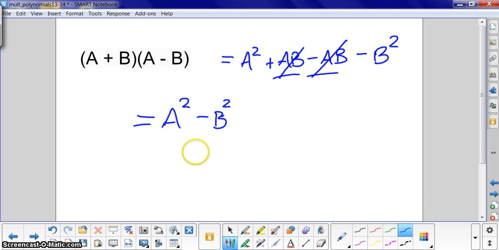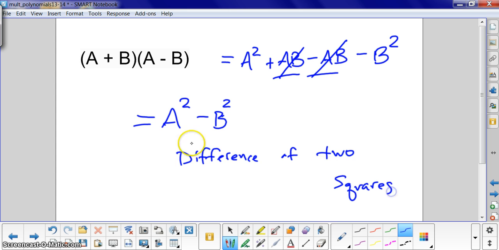And we call this the difference of two squares. That's what this is known as. So when you multiply the sum and difference of the same two terms, it results in the difference of the squares of those two terms, the difference of two squares.